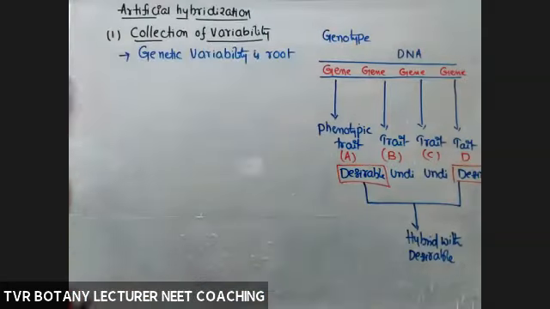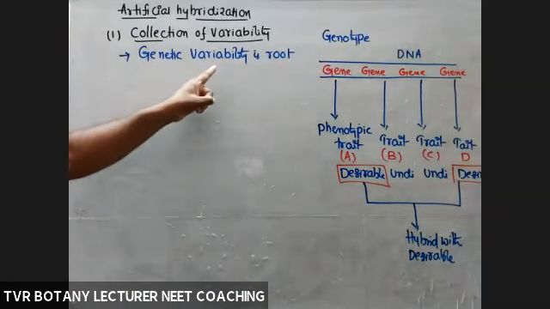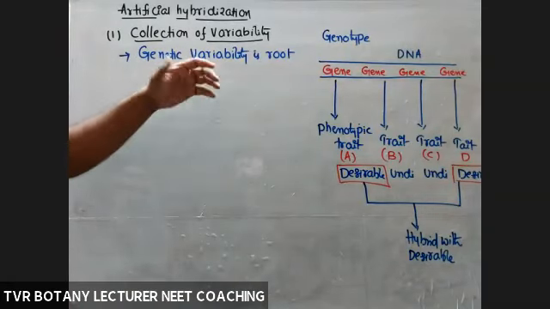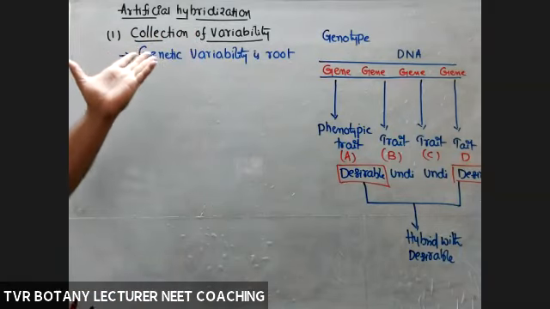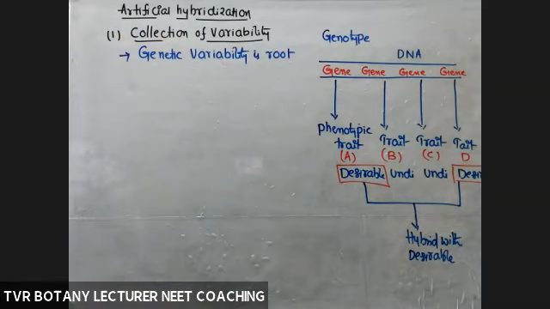Okay, right? So here, genetic variability is root cause for any plant breeding program. So collection of variability is very, very important. What is that collection of genetic variability?